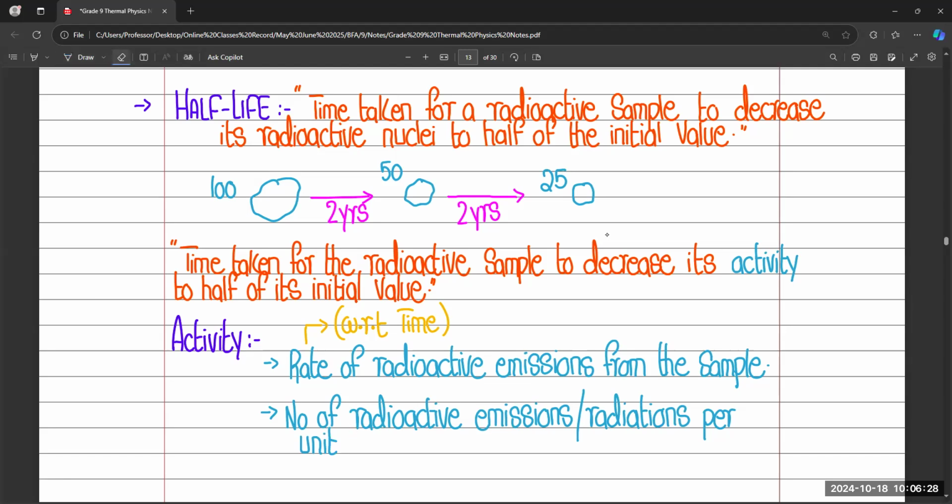So this is the same thing, right? The first definition for activity and the second definition of activity, both are the same, right? It's up to you. Whatever you find easy to explain, you can explain the idea with respect to that definition. Okay.